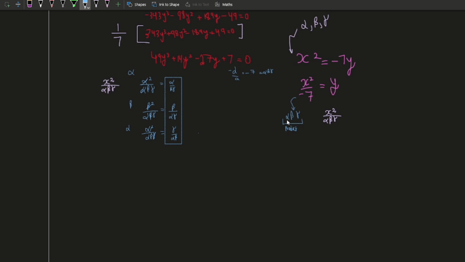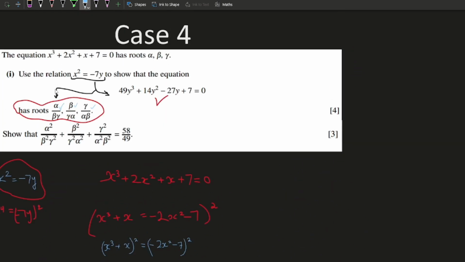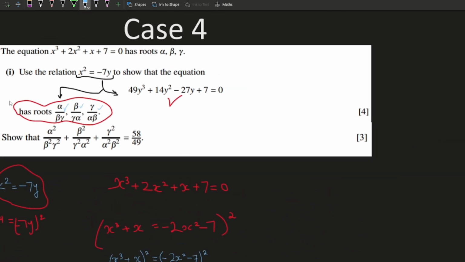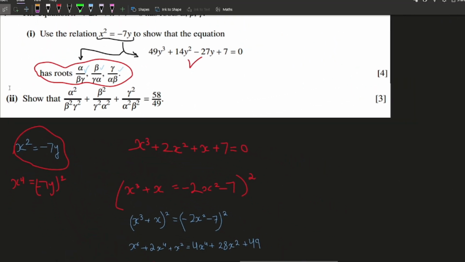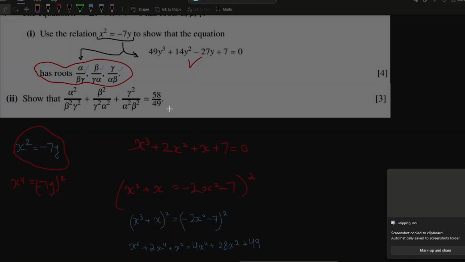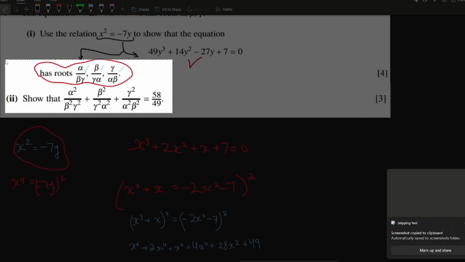So this was the first part. A bit different question that requires analyzing. So now we have part 2 to solve. Second part is pretty straightforward. Let me copy and paste this.